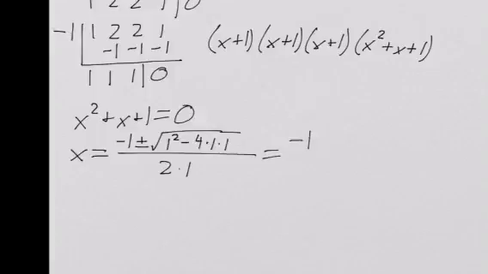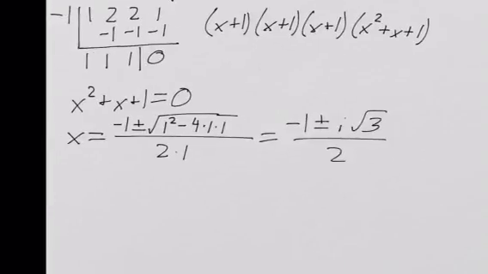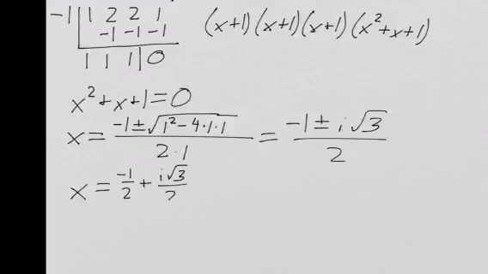So that gives me negative 1 plus or minus i times the square root of 3 over 2, which I will rewrite as x equals negative 1/2 plus i square root of 3 over 2, and x equals negative 1/2 minus i square root of 3 over 2.